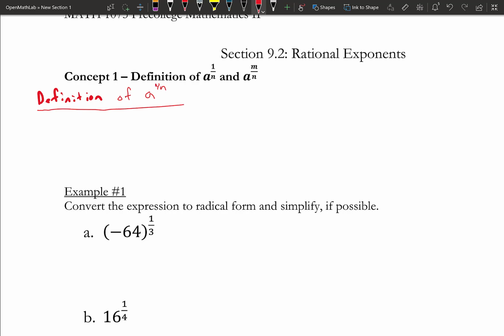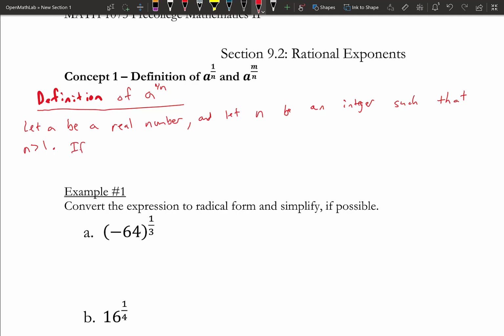Right? So if we let a be a real number, and let n be an integer such that n is bigger than 1, right?